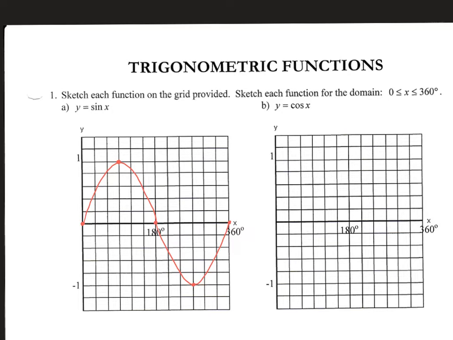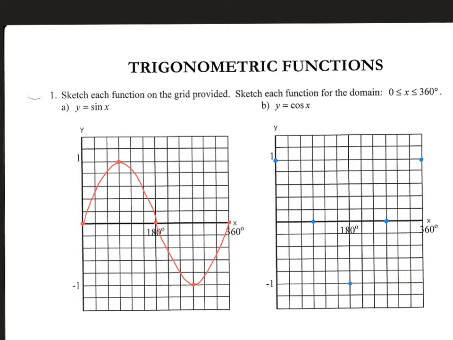Okay, let's move on to cos x. We know that cos x starts at its maximum, so a value of 1, and then it falls. At 90 degrees, we would hit its 0. At 180, we would hit its minimum. At 270, we would come back to a 0. And at 360, we come back to our max.